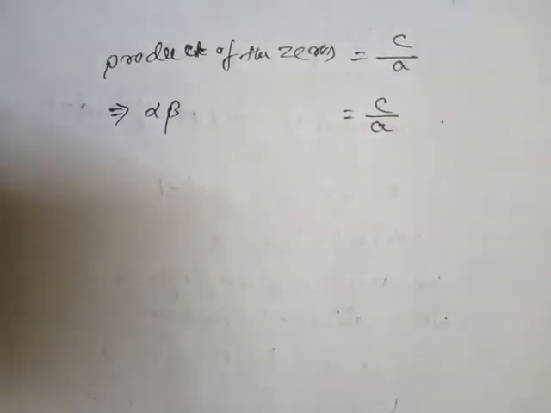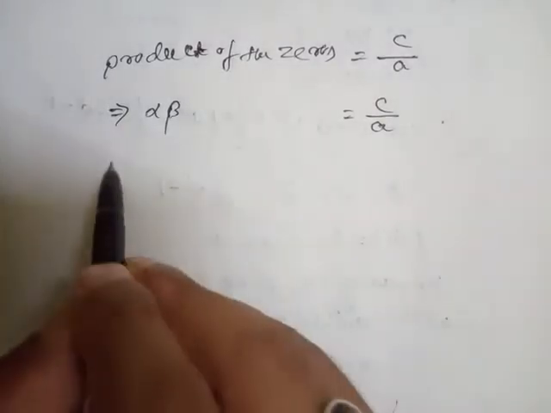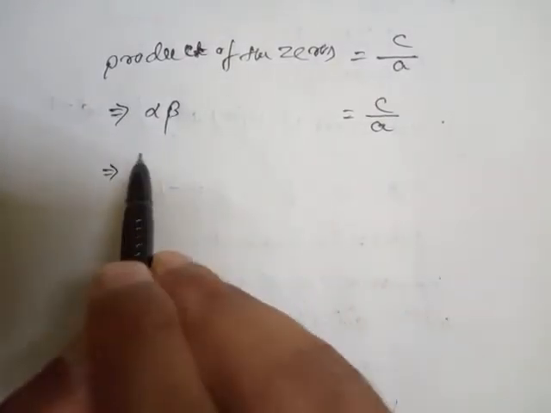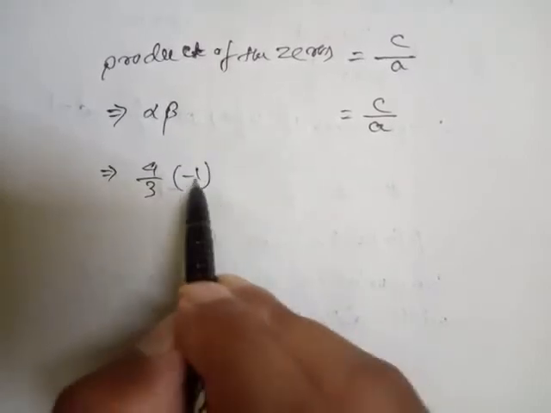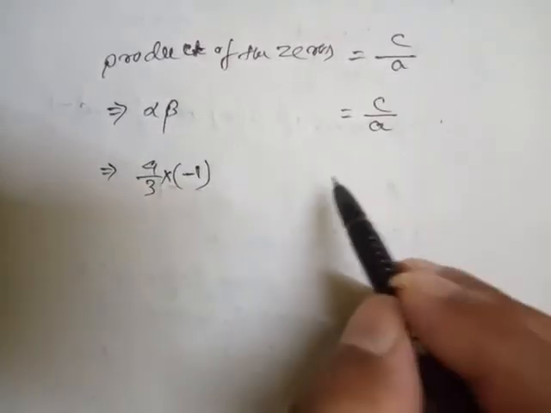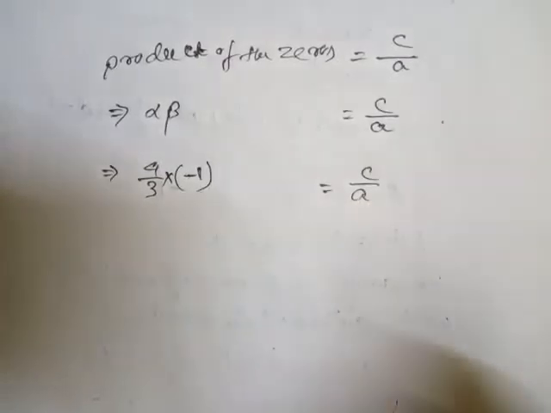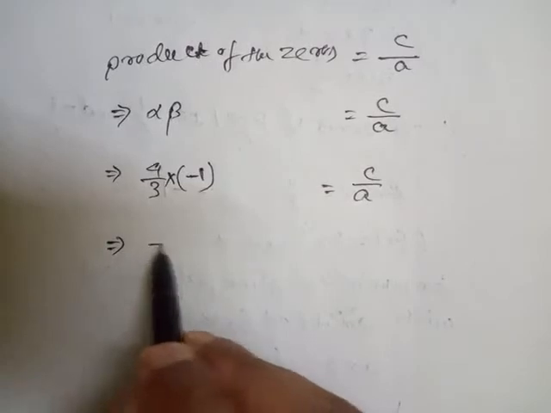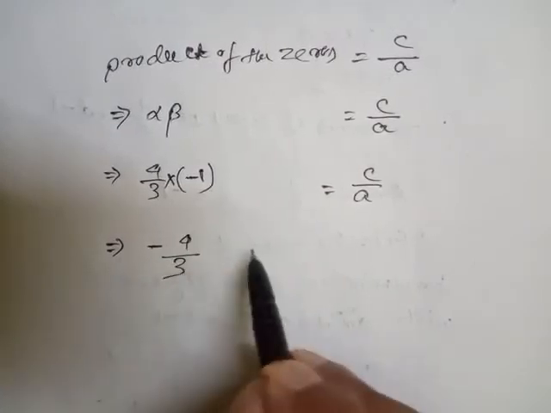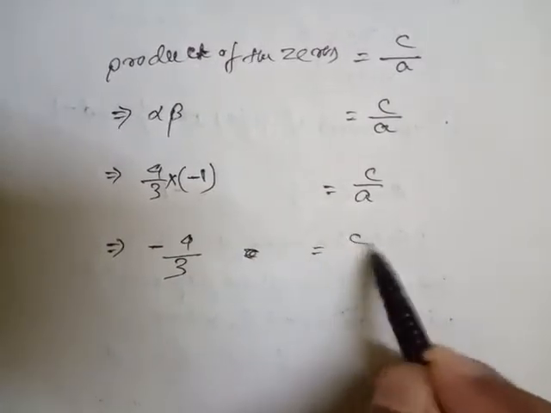See, if it is c by a, then alpha is 4 by 3 and beta is minus 1. So here c by a only. Now after that, if I go for the multiplication here, then minus 4 by 3 equal to c by a.